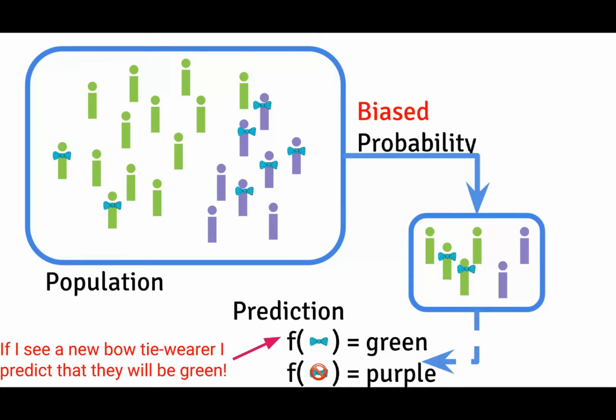So in general, it looks like the green meeple are wearing bow ties in the sample, and then purple meeples are not. Well, we're building our prediction function based on that subsample, and so our prediction function might say, if you have a bow tie, we'll predict that you're green, and if you don't have a bow tie, then we'll predict that you're purple. This is, of course, the opposite of what the relationship really is, so this prediction function won't work well when applied to a new person that comes in to the clinic.